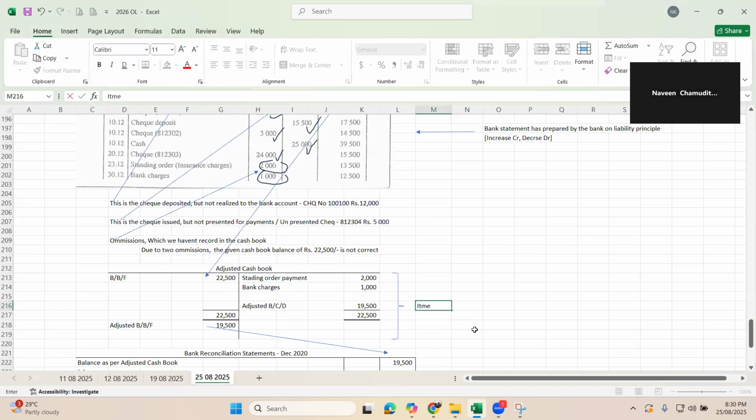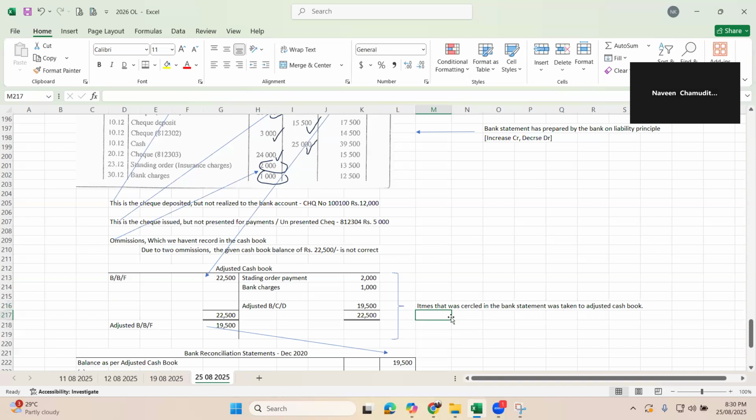Items that were circled in the bank statement were taken to adjusted cash book. Then left out only three.